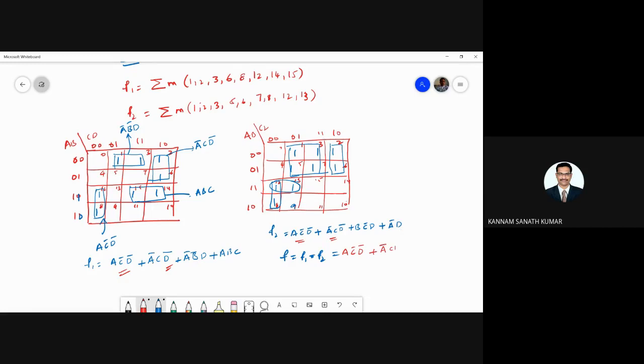So A bar C D bar is common, and next A bar B bar D. So this is the function for F equal to F1 into F2. The terms which are common you should write.